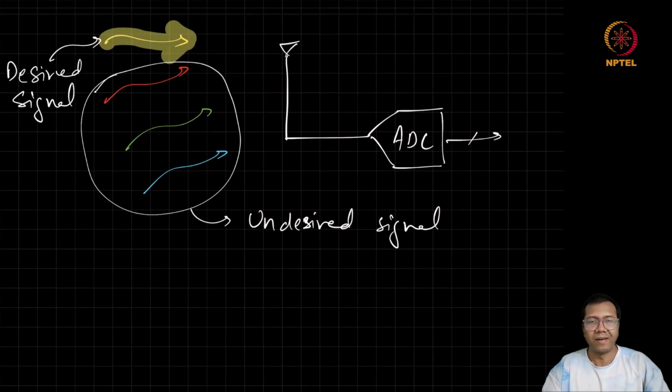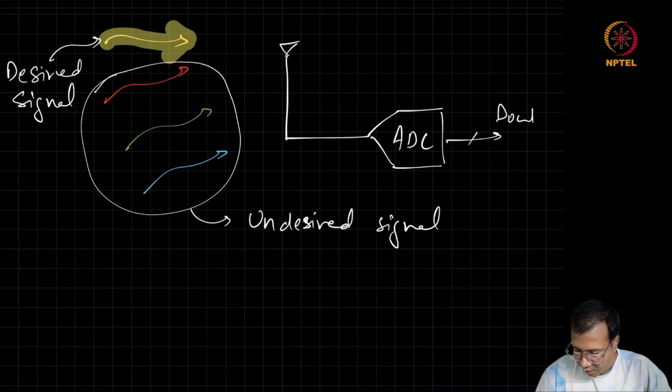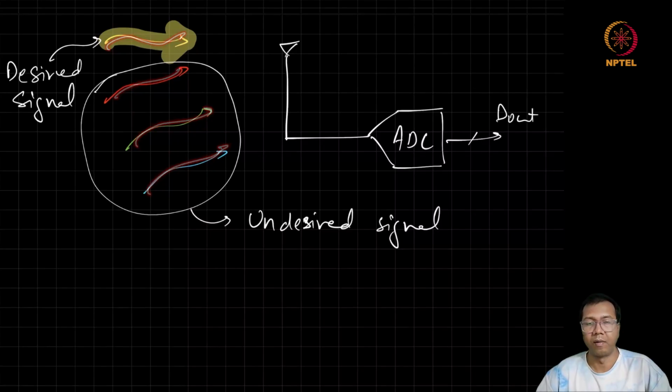Now, how does it affect our receiver performance? Right now we have a very simple receiver. To understand this behavior, we need to also look at the strength of the signals and what frequency components they carry.